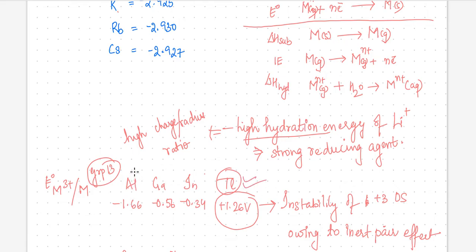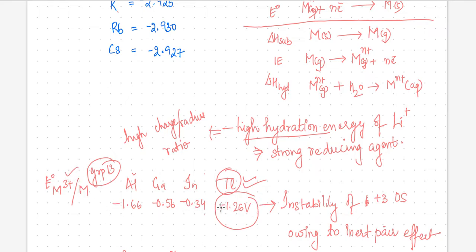Except for aluminium, when you go to gallium, indium, the stability of the +3 oxidation state is decreasing, because you can see the negative value is decreasing down the group. Now, why do you see such instability of the +3 oxidation state as you go down the group?